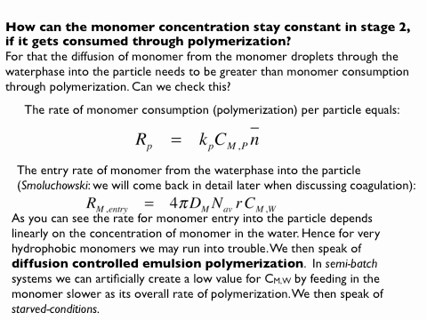And sometimes that is very interesting because you can make morphological structures that are kinetically frozen, which you normally couldn't make. So you could make a core shell particle, for example. You can have a polystyrene particle with a Teflon shell, a fluorinated shell around it, and normally you wouldn't be able to do that. So there's some playing tricks with respect to that.